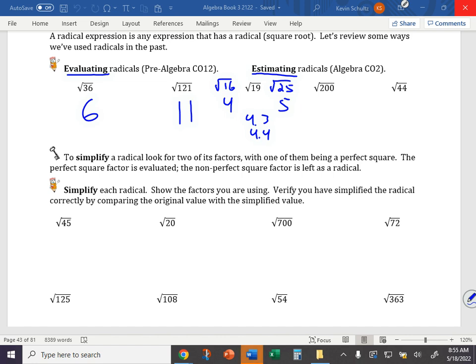How about the root of 200? Who can give me an estimation for the root of 200? Elliot. About 14, right? What is 14 squared? 196. 200 is a little bit more than that. So 14.1, 14.2, something like that.